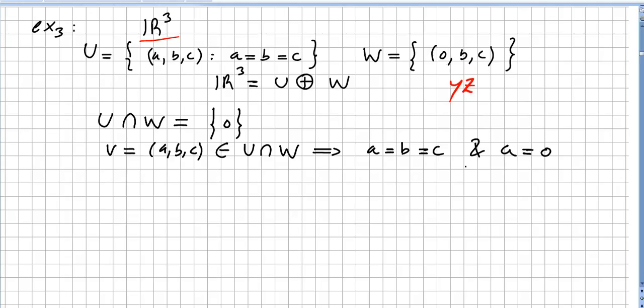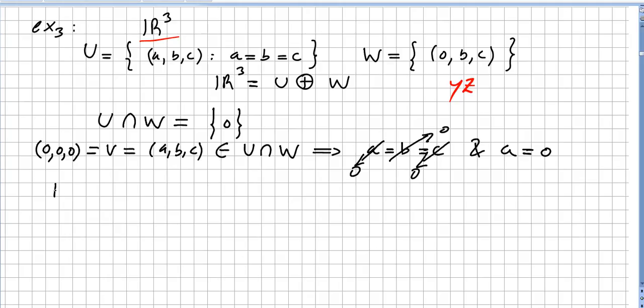So if A is 0, this one will be 0. So B will be equal to this one will be 0, and this one will be 0 too. Okay, so this means that A is 0, B is 0, and C is 0. So vector V will be the vector 0, 0, 0. Okay?